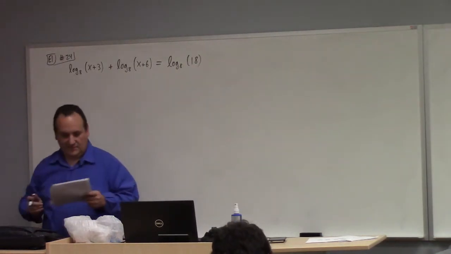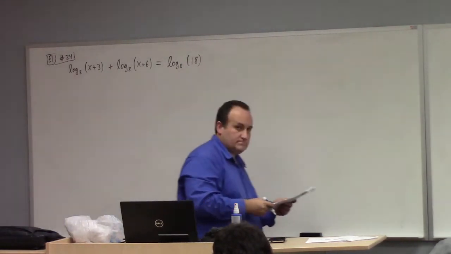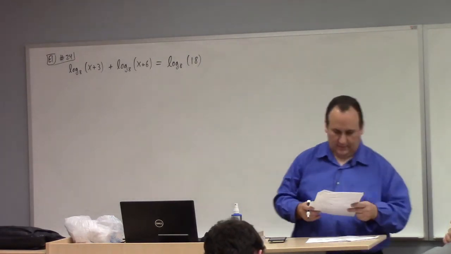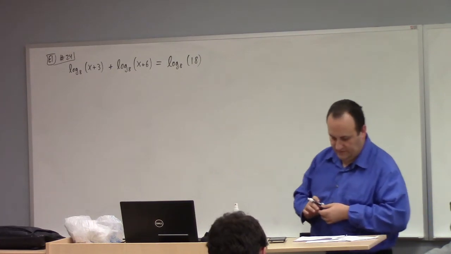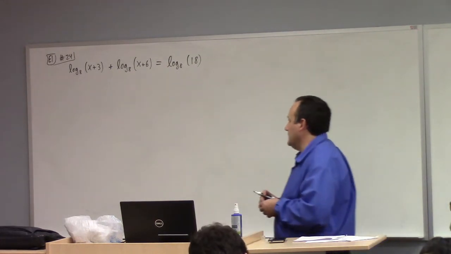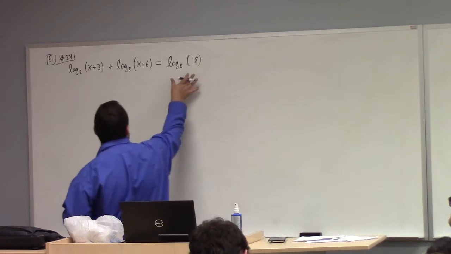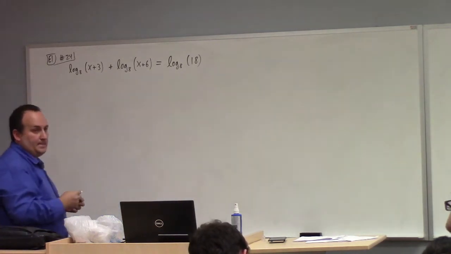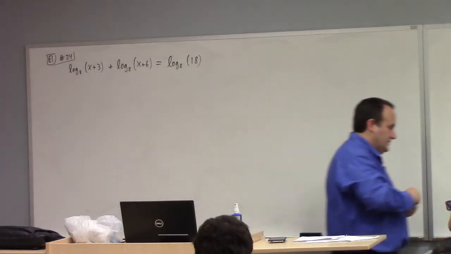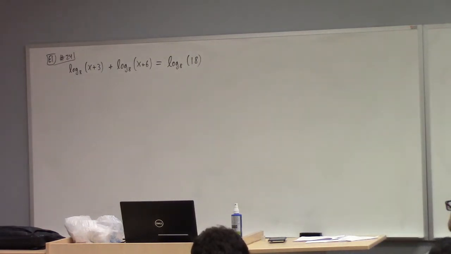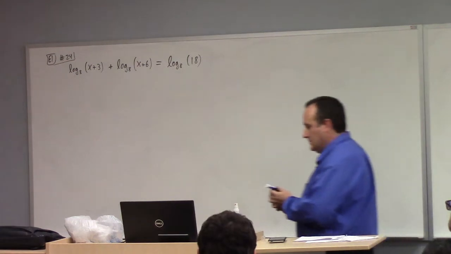So we're asked to solve this thing. This is similar to problems we've done before, but it's just a little different in that it's got a logarithm on the right-hand side as well, right? So I'll start out by just using properties of logs to collapse the two logs together here.